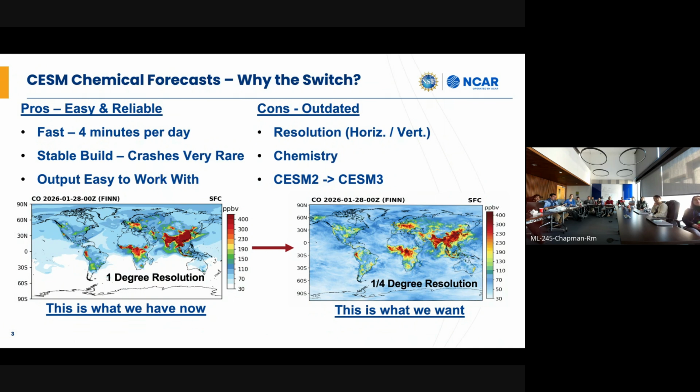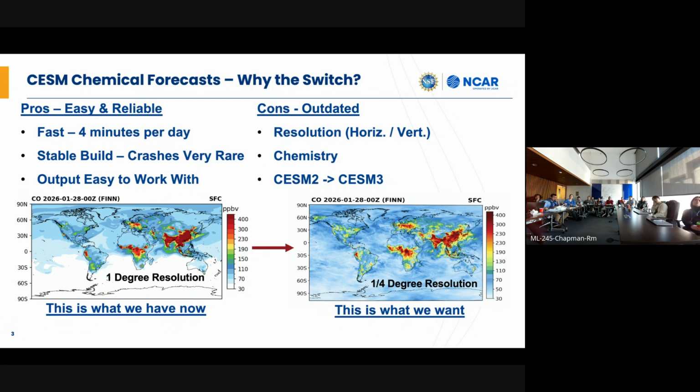Really, what I'm trying to do is sync this up with the release of CESM3. So while currently the forecasts are pretty fast and stable and the outputs are all really nice and easy to work with, we are starting to get a little bit outdated. And so we've got better chemistry to utilize with CESM3.